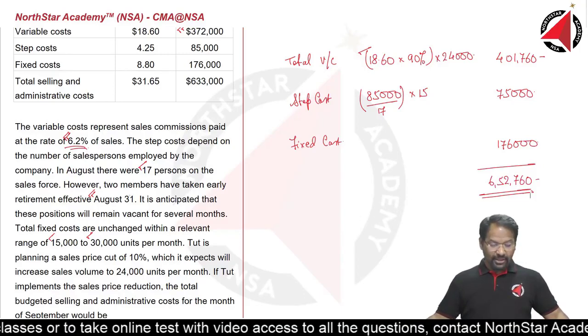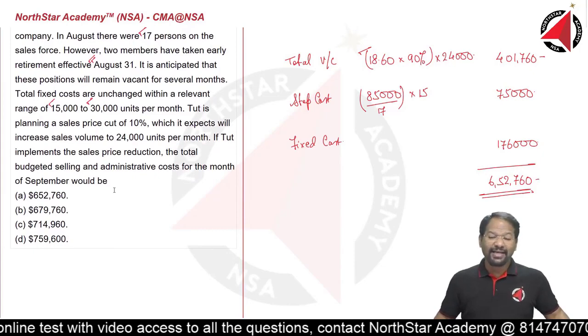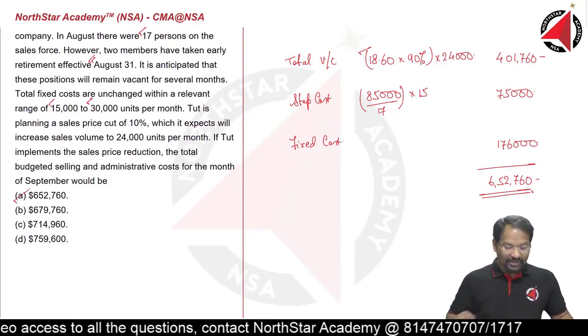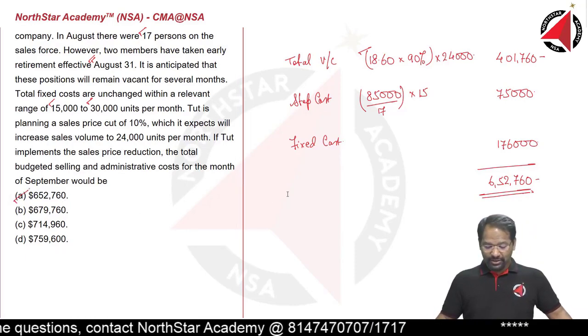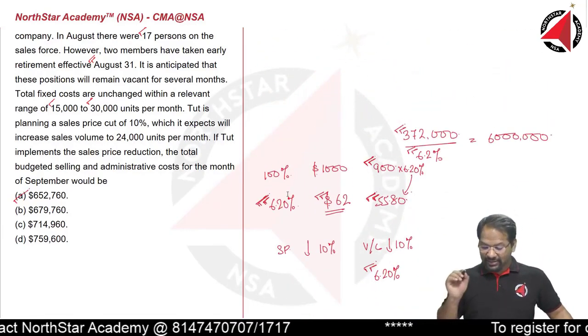Let's look at the options. So option A is the correct answer, $652,760. Mark this question as very important for the first part of its calculation, where we calculated the relationship.